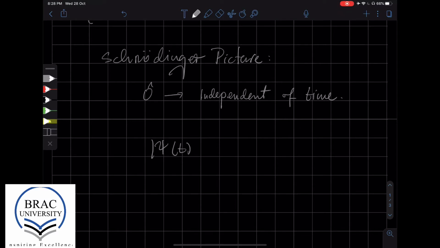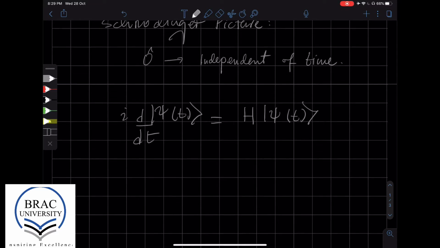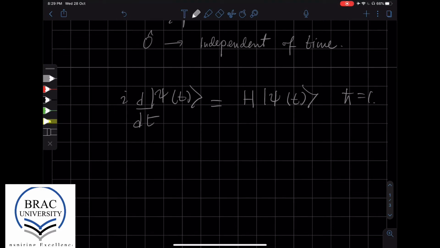So let's just use the bracket notation. And their time dependence is given by the Schrödinger equation, which is written like this. H is the Hamiltonian. Now, in this case, we are taking h bar to be 1. So this was the time dependence of the states.